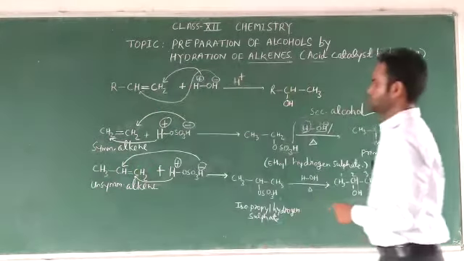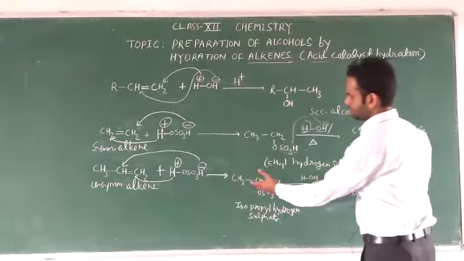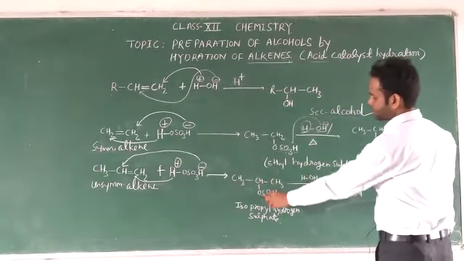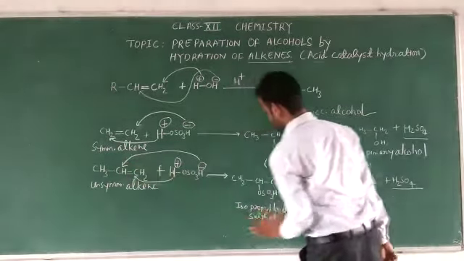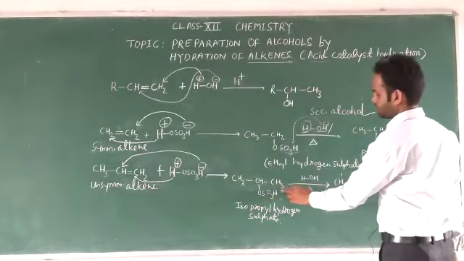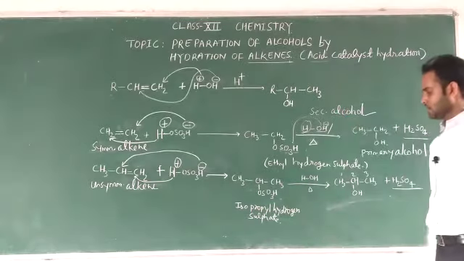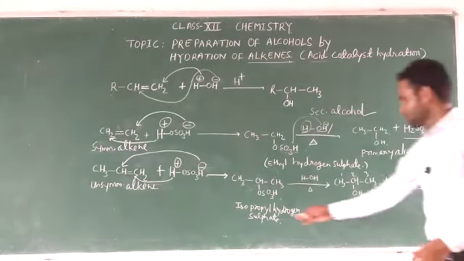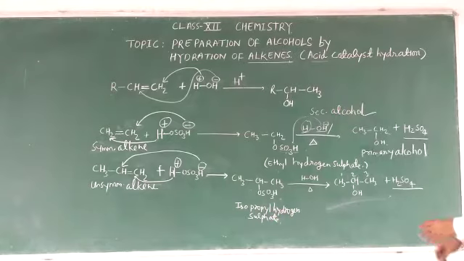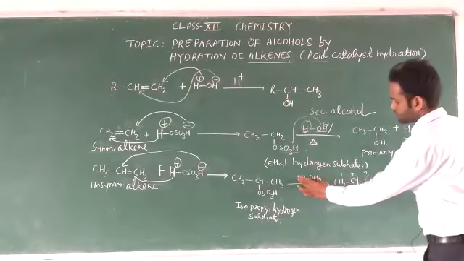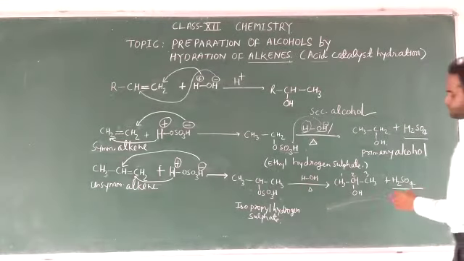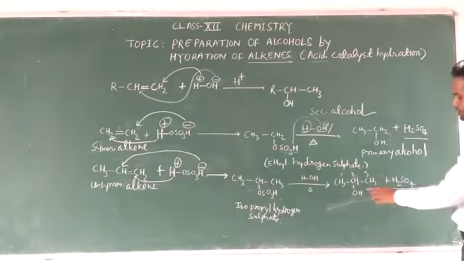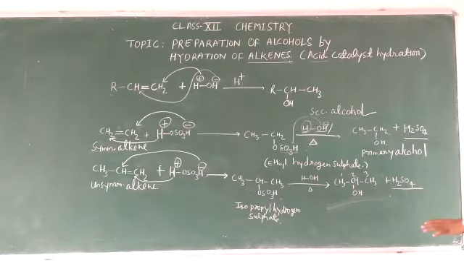So we get CH3CH(OSO3H)CH3, because it is attached to the second carbon. This is isopropyl hydrogen sulfate. After introducing it with water, because it is a hydration process as well, it will be CH3CHOHCH3.